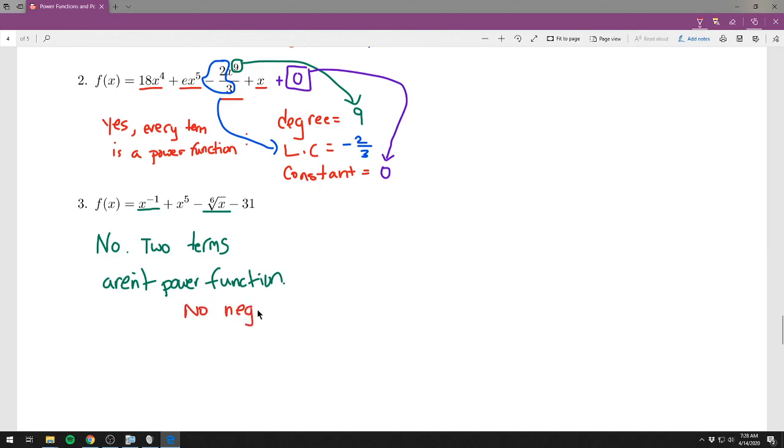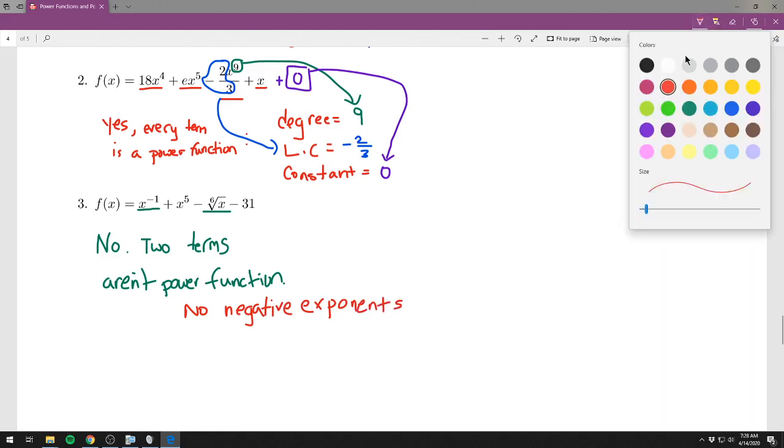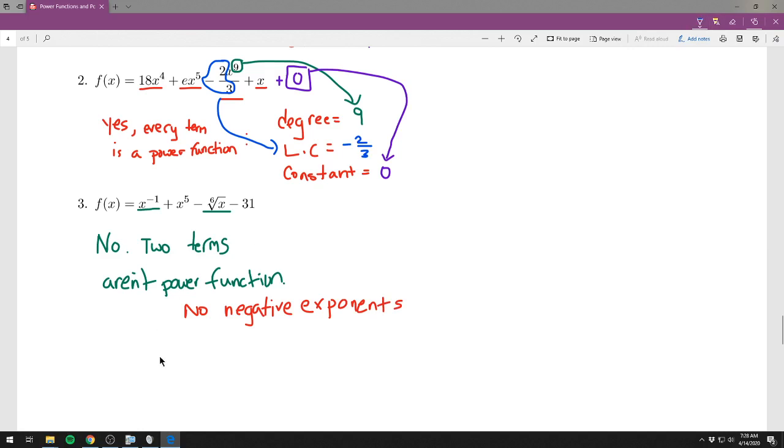So the first thing, x to the negative 1 is bad. And the other thing that we saw before, radicals are fraction exponents.